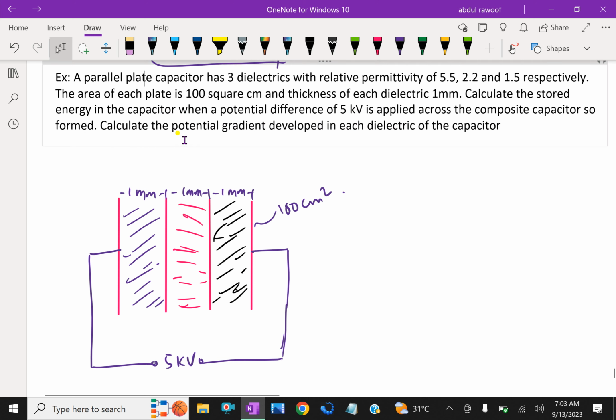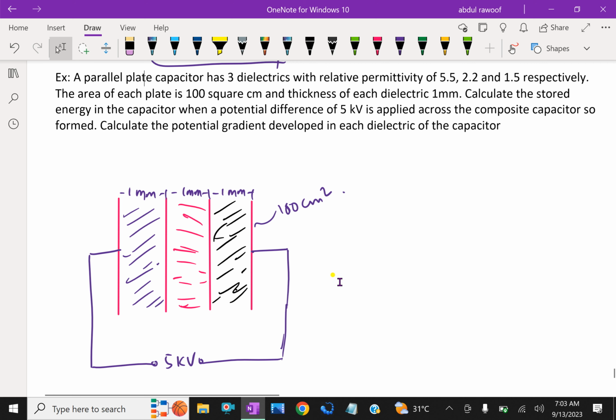Also calculate the potential gradient developed in each dielectric of the capacitor. Look at this setup here. Three dielectrics are fitted one by one, and it's called a composite capacitor, having each plate area of 100 centimeters squared and dielectric thickness of 1 mm.